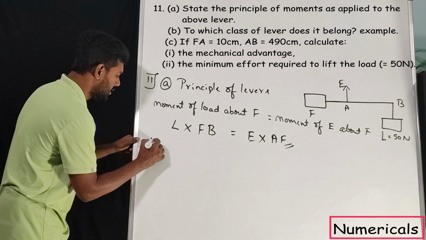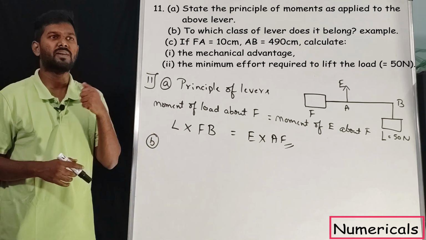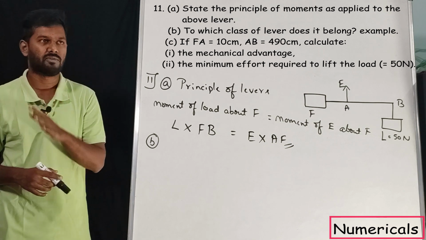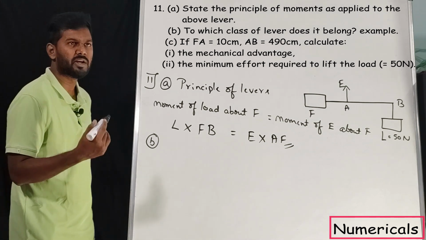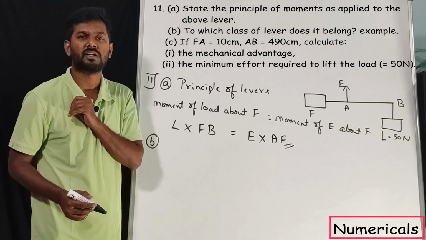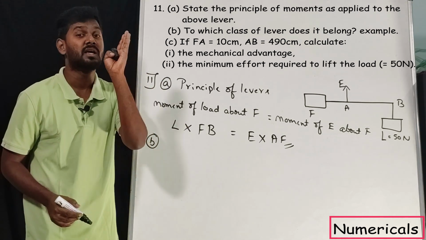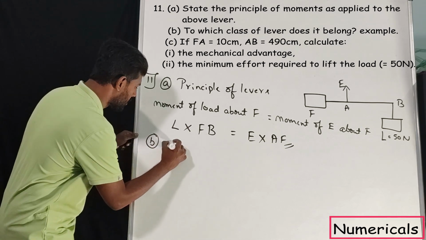That's it. Second sub question. To which class of lever does it belong? Give an example of this class of lever. Very simple. Listen. First we need to find where is the effort. Effort is at the center. If the effort is at the center, it is class 3 lever. It is not third class lever, it is class 3 lever.